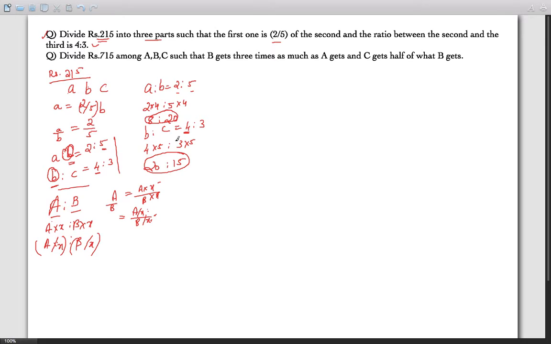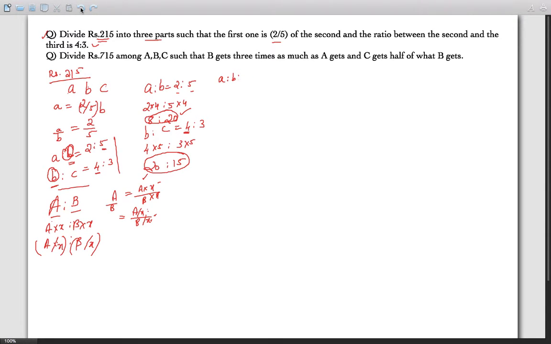Now if you observe the two quantities here, for the B here it is 20, here also you got B value 20. Okay, let me put it this way.